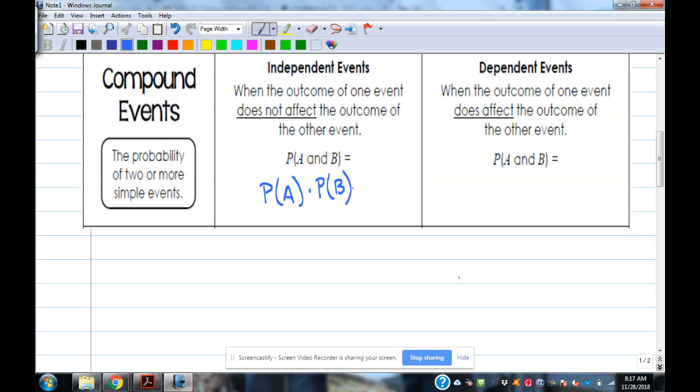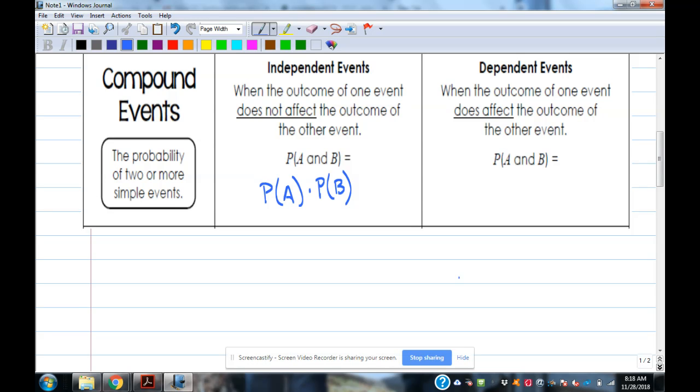An example of 2 independent events would be taking 1 die and rolling it, recording what you got, picking it back up and shaking it around and rolling it again. What happened on the first roll does not affect what happened on the second roll.